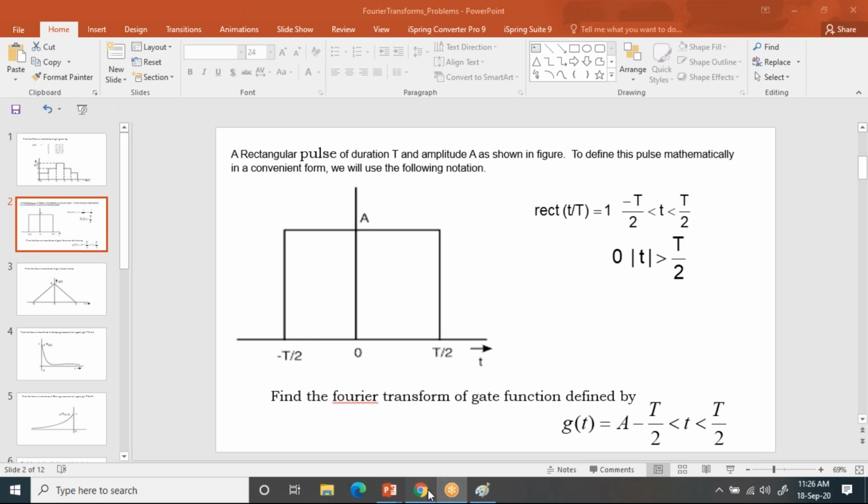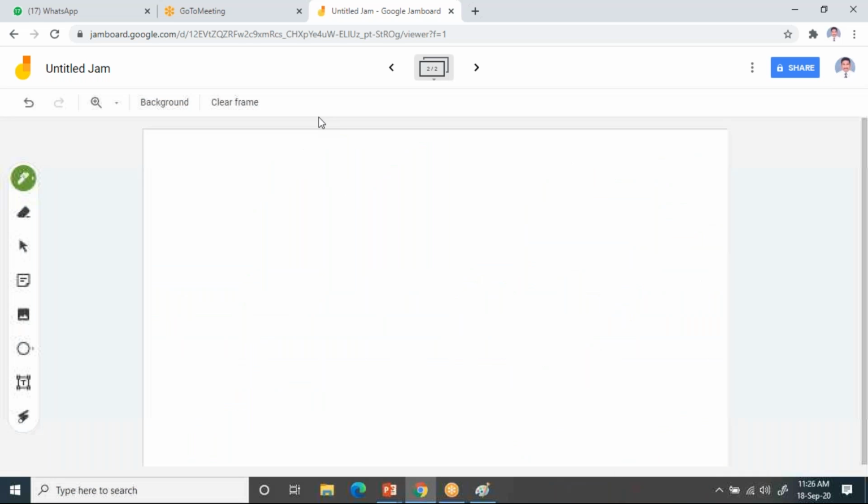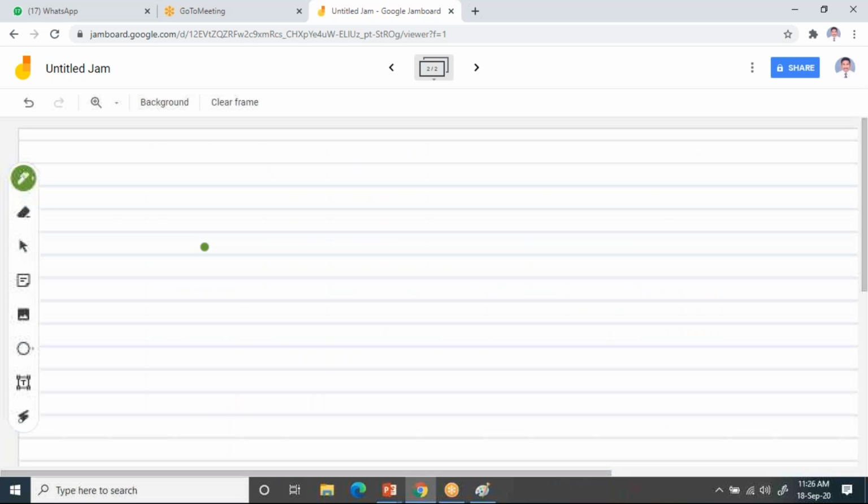Now again, I'm going to use the Jamboard. Now observe this. Here I have a rectangular pulse of duration T with an amplitude of A. First, let me draw the waveform.